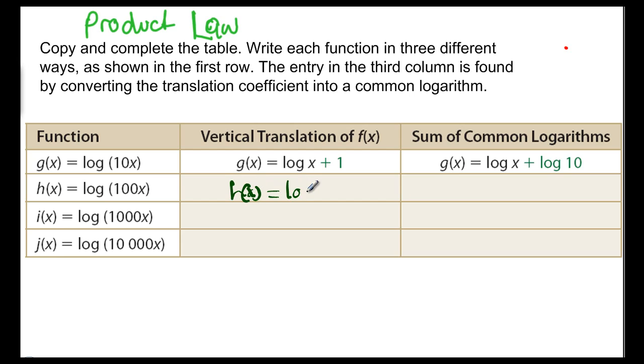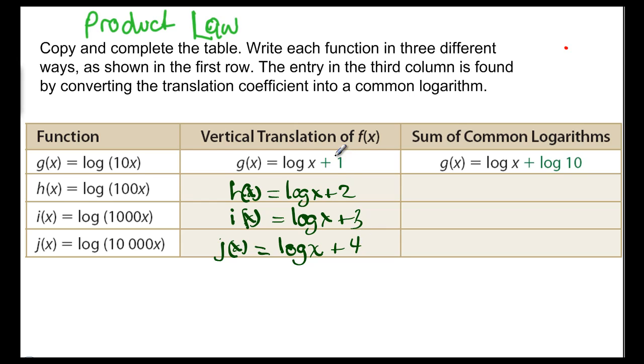So it looks like our standard log x, but it's been raised 1 for g of x. Looks like our standard log x, but has been raised 3. And finally, j of x is our standard log x raised 4.